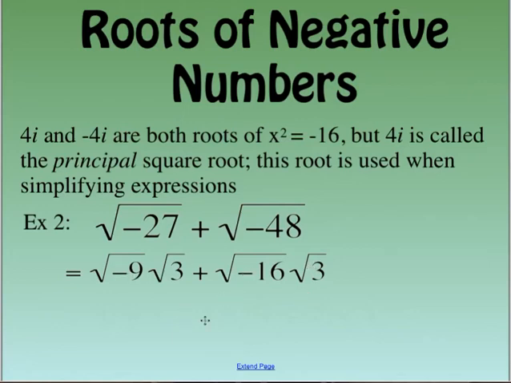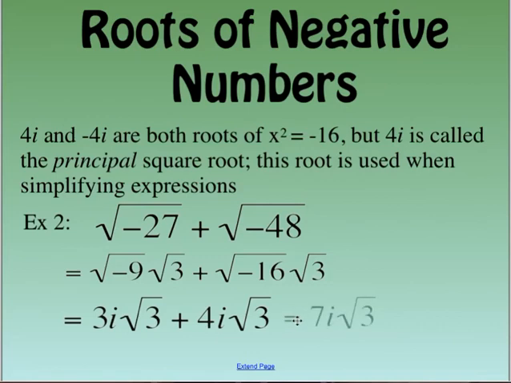And notice that I made the perfect square the one with the negative, so I didn't have this be the square root of -3 with a positive 9. So then when I take the square root of these, the square root of -9 is just 3i, the square root of -16 is 4i. Leave the square root of 3 as is, and then I can simplify this one step further to get 7i times the square root of 3.